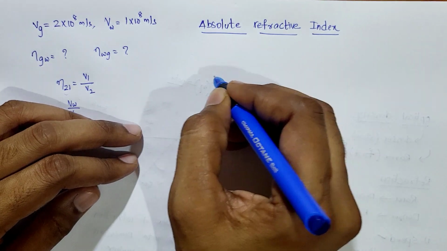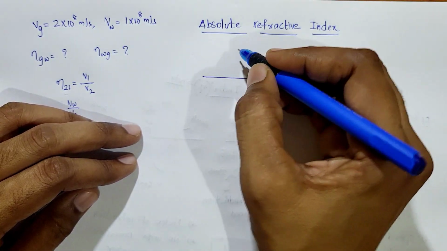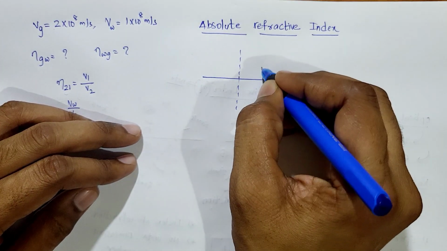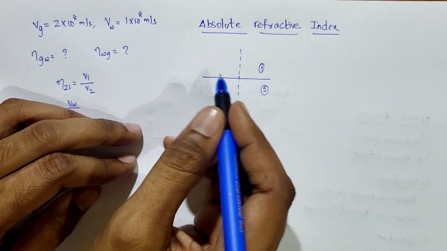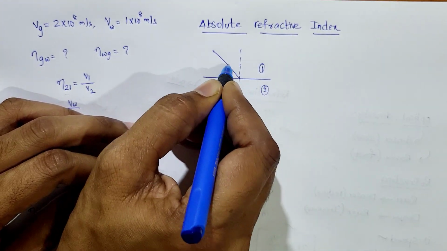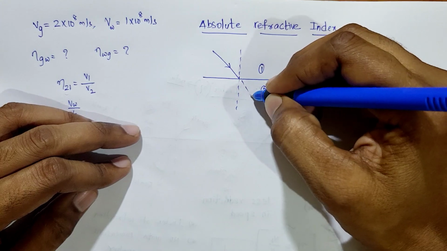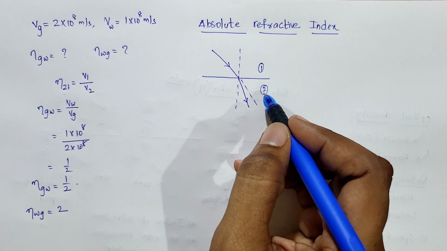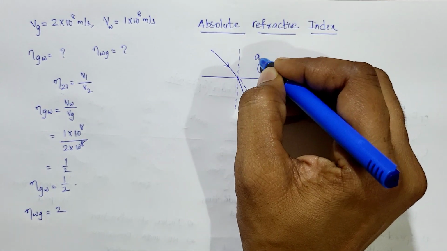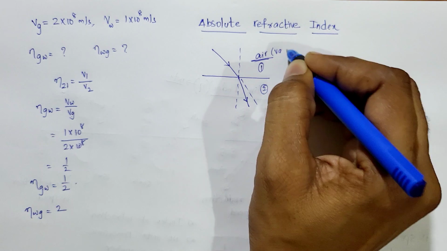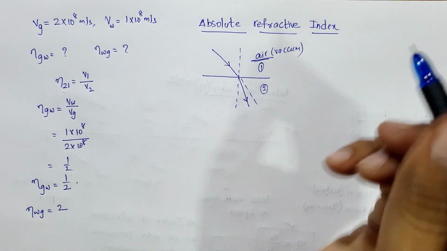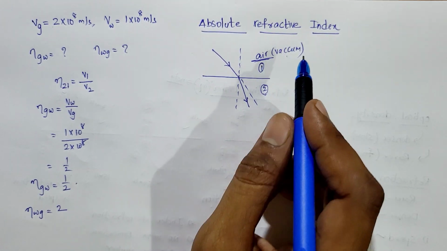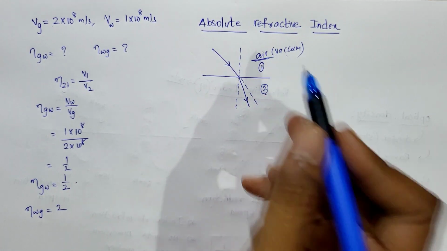We understood that we measure refractive index of any medium with respect to any other medium. Correct? Suppose the first medium is this one, second medium is this one, any medium it may be. Like this, a refraction will be happening. You will be measuring refractive index of second medium with respect to first medium. Suppose the first medium is always air or vacuum. If you are measuring refractive index of any medium with respect to vacuum or air only, then that refractive index will be absolute refractive index.